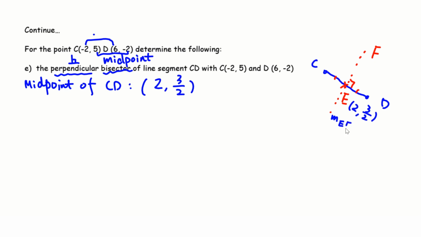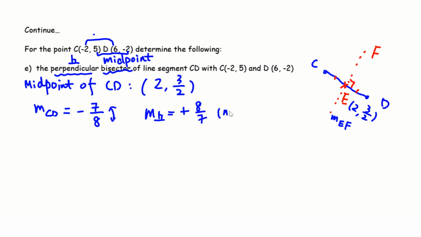To find the slope of EF, we consider the slope of CD, which we found in our last question: negative 7 over 8. For the perpendicular slope, we know that is a negative reciprocal. So the negative becomes positive, then reciprocal means flip: 8 over 7.